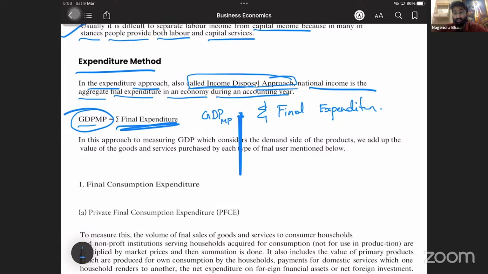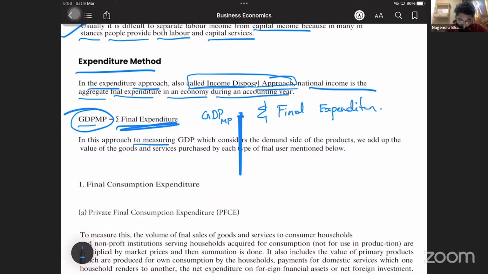That means your expenditure will be my income. So why do you do the expenditure? Because I gave you some service. That means I did work. Everything put together will become the national income.